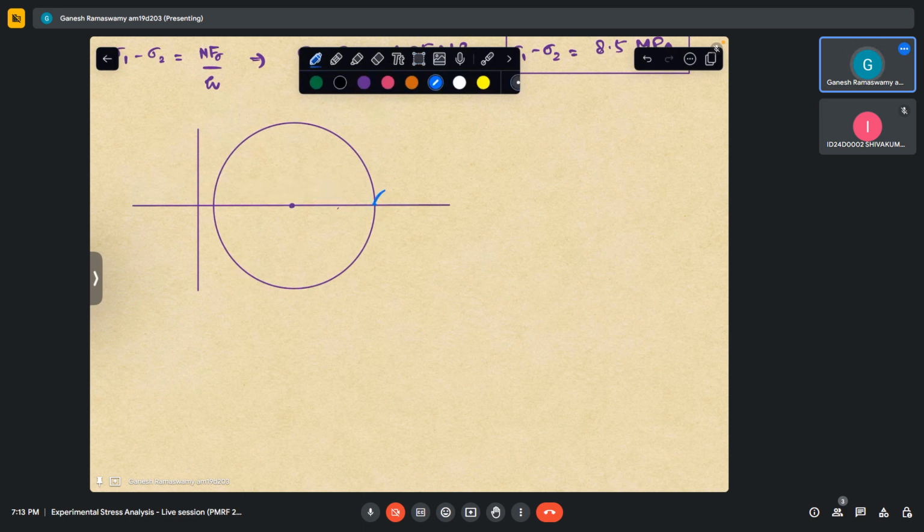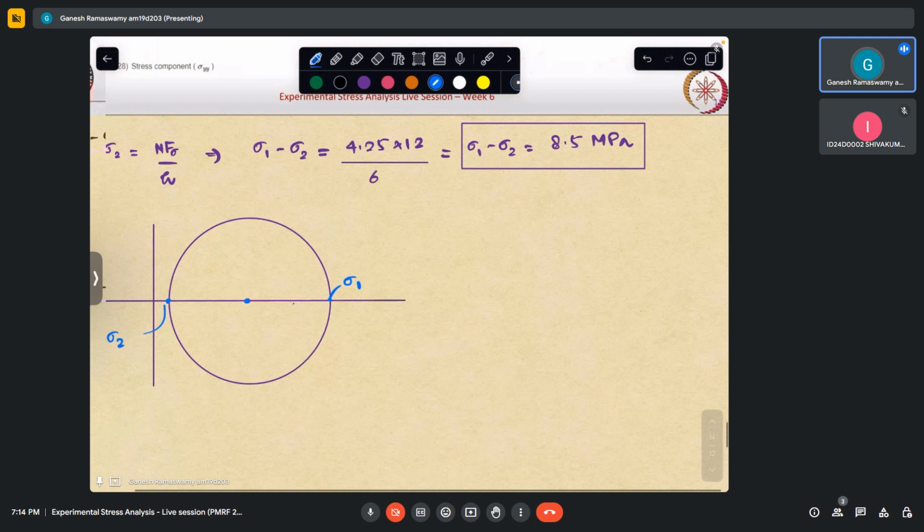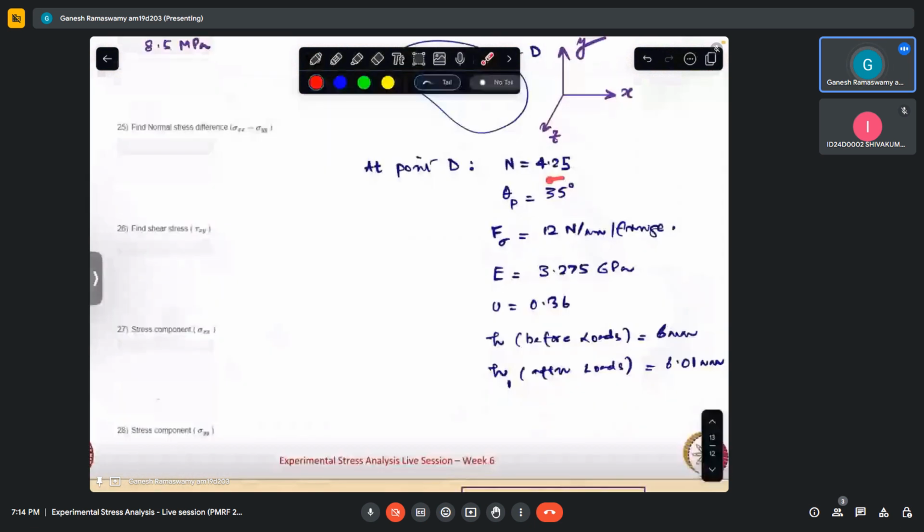Here, this is sigma 1 and this is sigma 2. At some angle theta we have sigma x and sigma y, and this theta is already given to be 35 degrees.